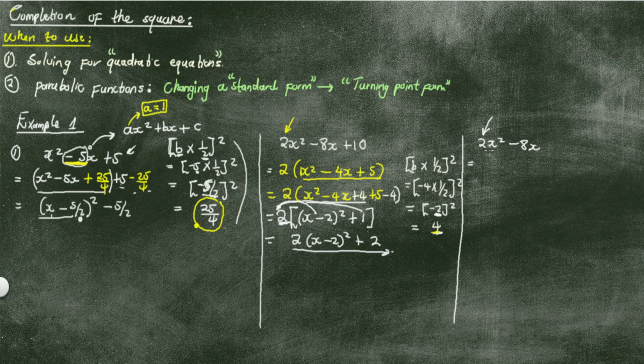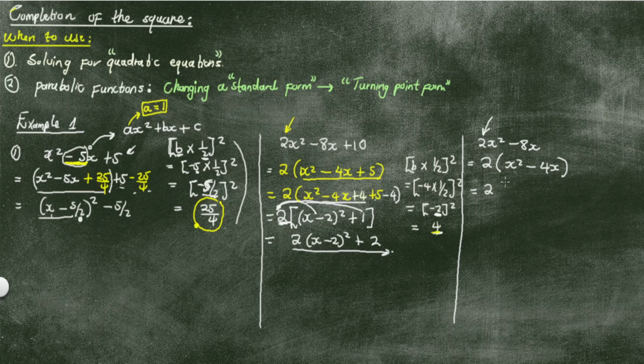So what do you do? You take out the 2 as a common factor. What is 2 over 2? That's 1. So you have 1x squared, minus 8 divided by 2, which is 4, right? I'm taking out the 2 as a common factor so that my a is 1.